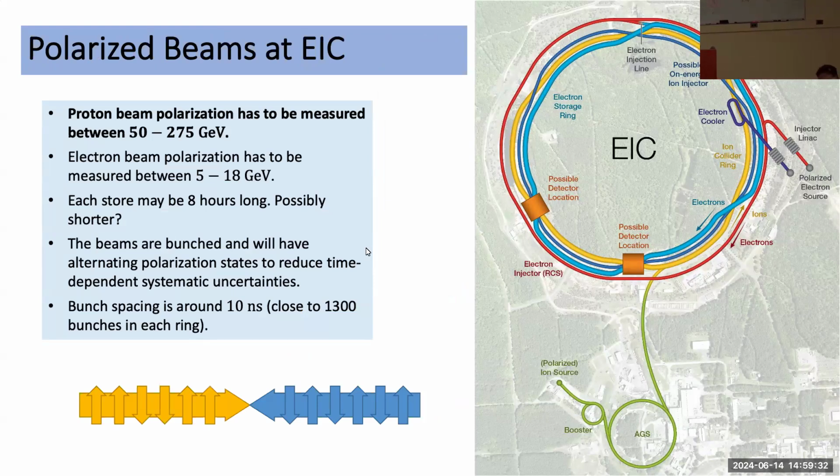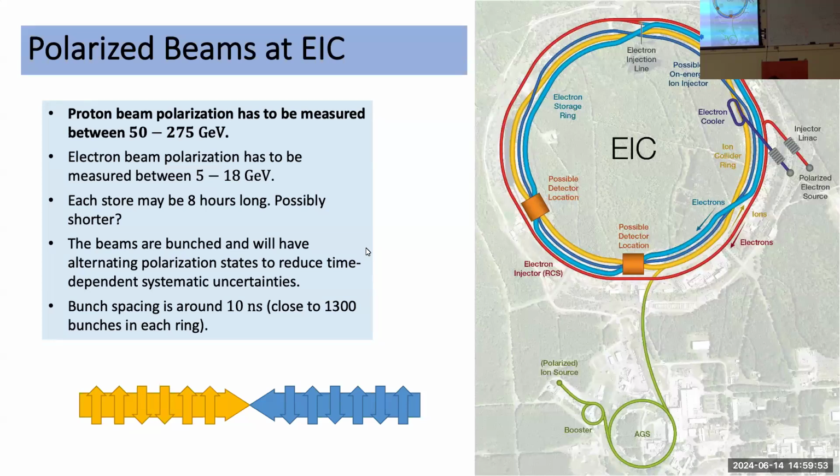This is what's planned. Stores typically take 8 hours, and beams, of course, are bunched. At the moment, RHIC runs with about 110 or 120 bunches.